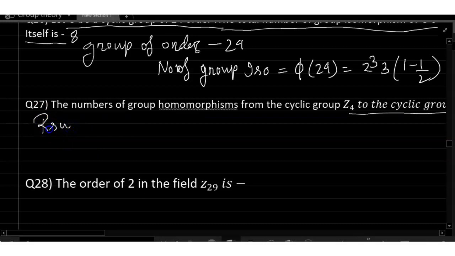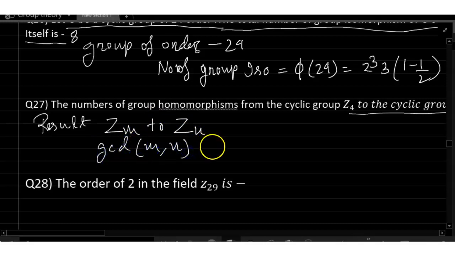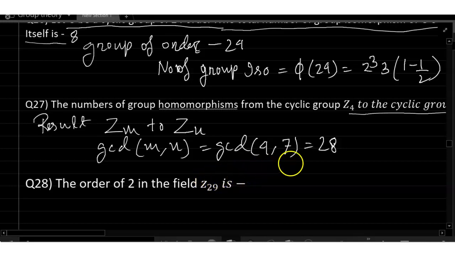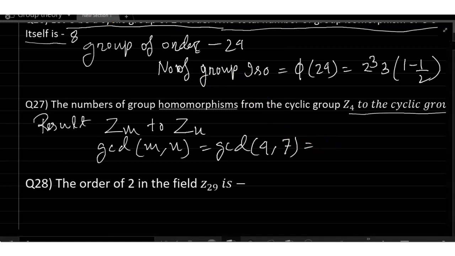So the important result: from Zm to Zn, the number is the GCD of m and n, so GCD of 4 and 7, not 28.